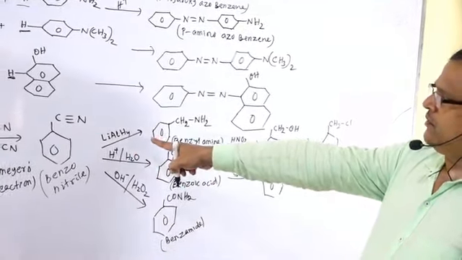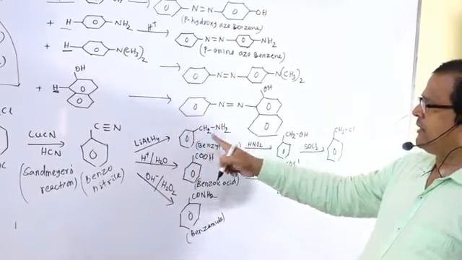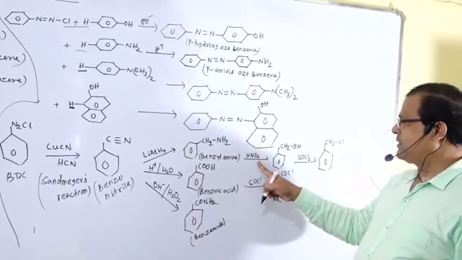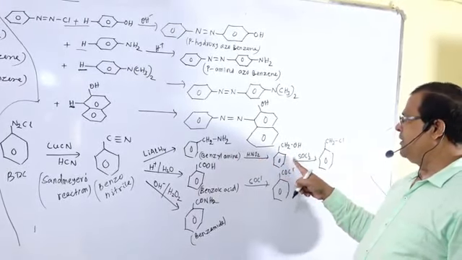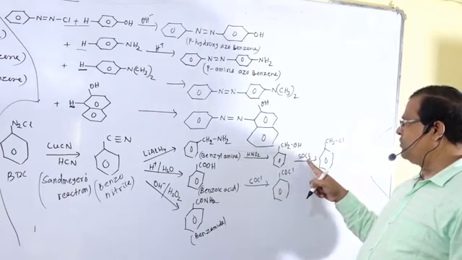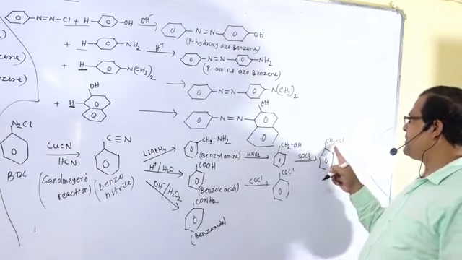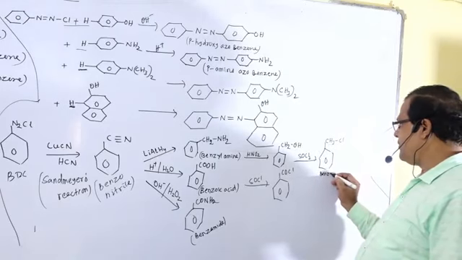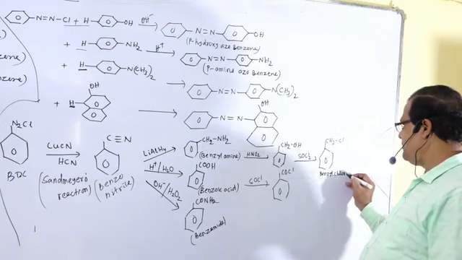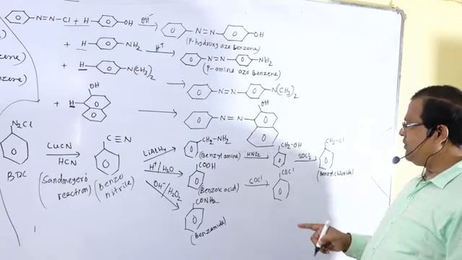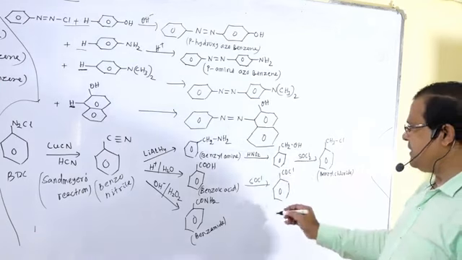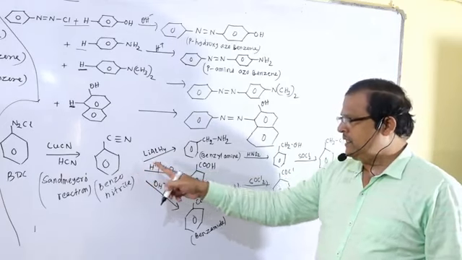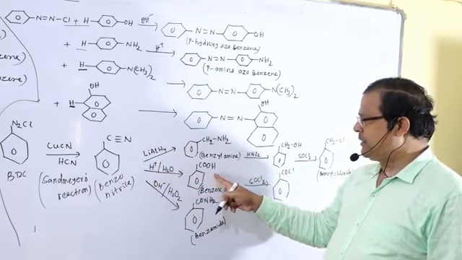Benzonitrile treated with lithium aluminum hydride undergoes reduction to give benzylamine. Benzylamine treated with nitrous acid forms benzyl alcohol, which treated with SOCl2, PCl3 or PCl5 forms benzyl chloride. When benzonitrile is hydrolyzed in presence of acid, there is the formation of benzoic acid.